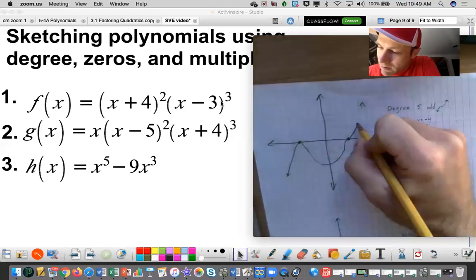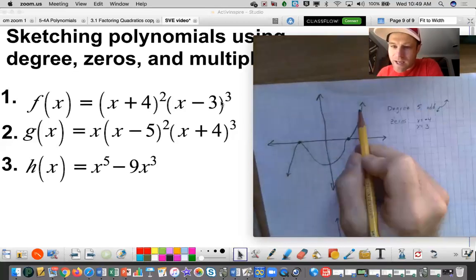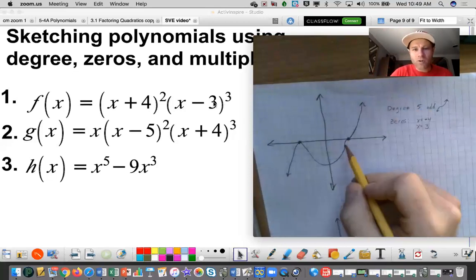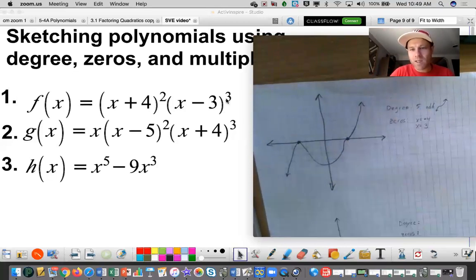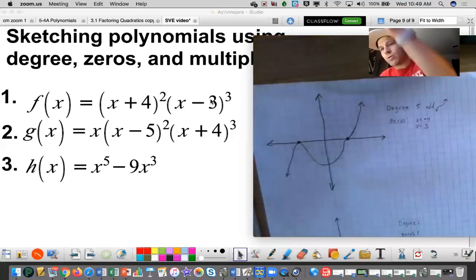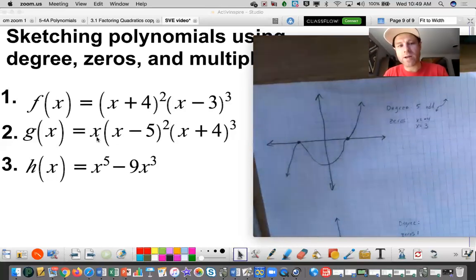And then you can see how I can end up and connect my end behavior. So if it's an odd multiplicity of the factor, like a 3 or a 5 or a 7, you're going to pass through the 0. And if it's an odd that's higher than a degree of 1, anything with a degree of 1 almost looks like it goes straight through. And I'll show you one of these right here.